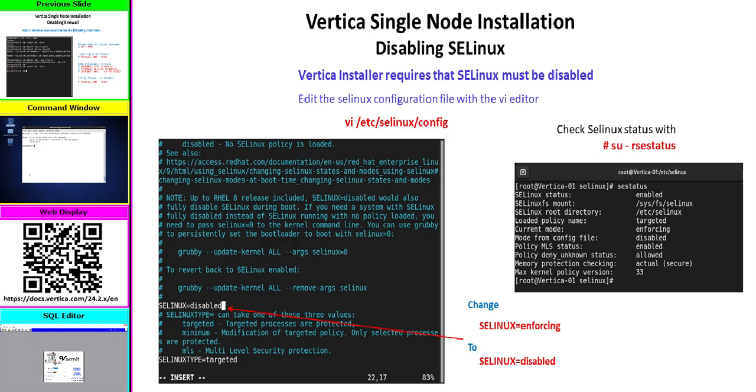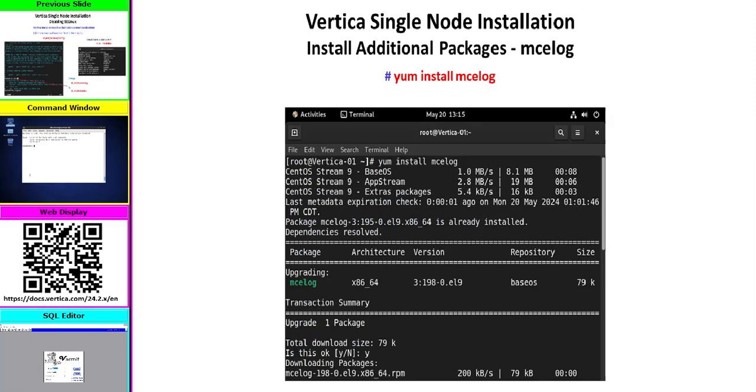Vertica requires a number of additional packages to be installed. To install these packages, we're going to use the yum utility. The first package we need to install is the mcelog package. Here is an example of the mcelog package being installed.